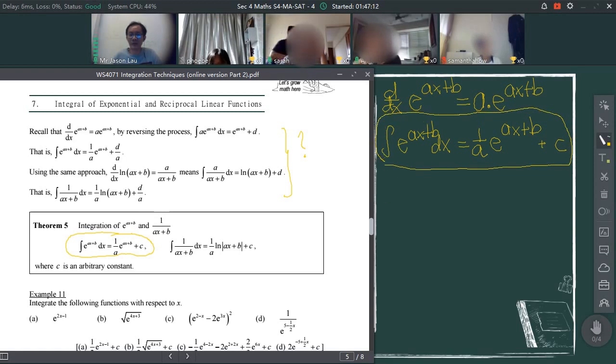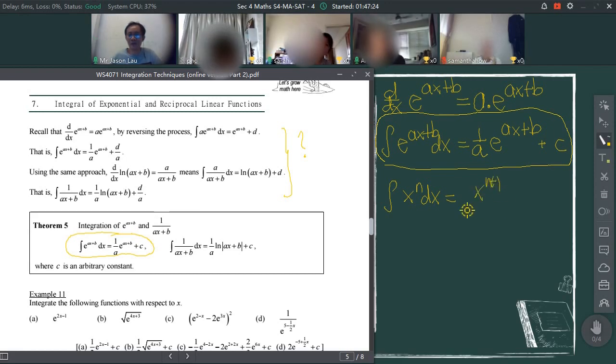Then how about the other formula? You learned this formula in integration, the basic one: if you integrate x to the power n, you get x to the n plus 1 over n plus 1, plus c.